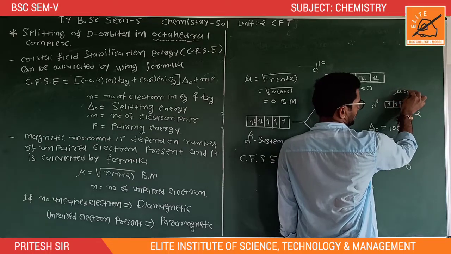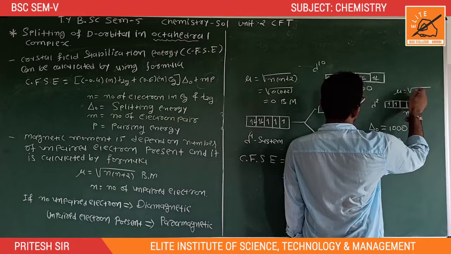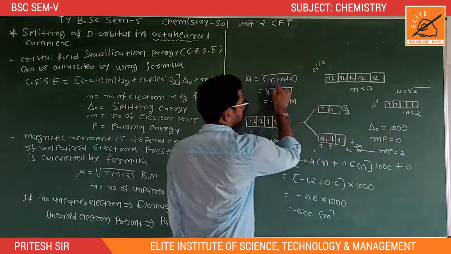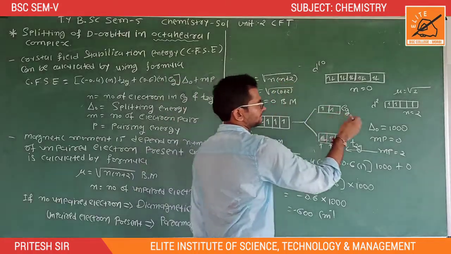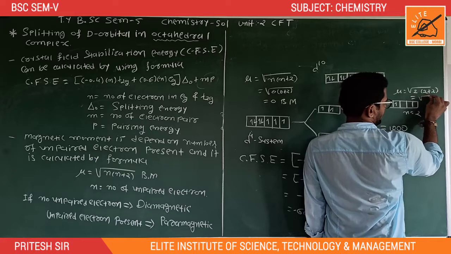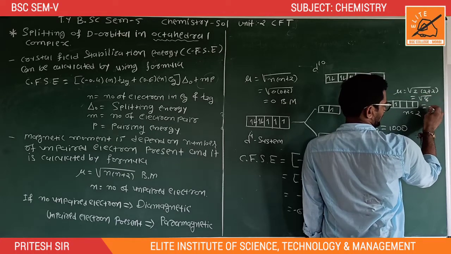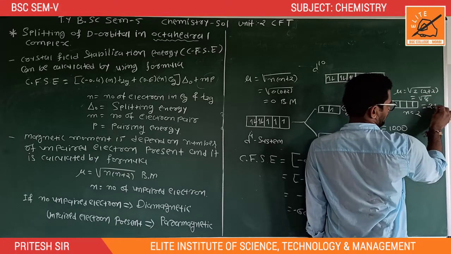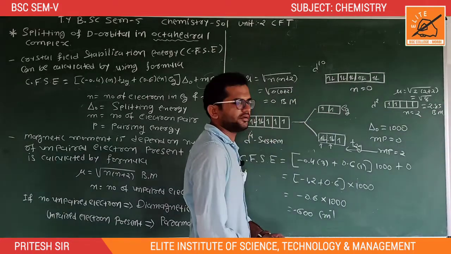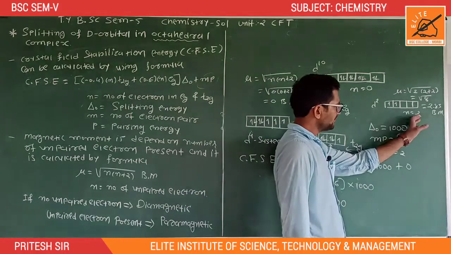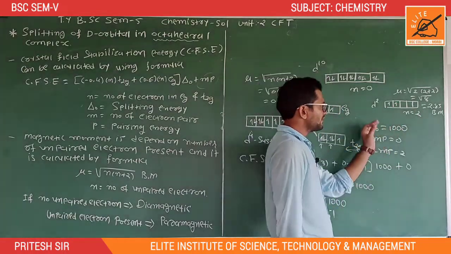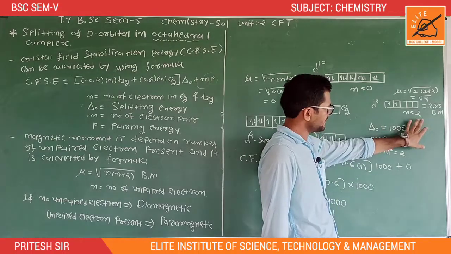So the mu is equal to under root n(n+2), n is equal to 2, so 2 into 2 plus 2, is equal to under root 8, is equal to 2.83 Bohr magneton. So in this case magnetic moment is present because unpaired electrons are present, and this complex is known as a paramagnetic complex.